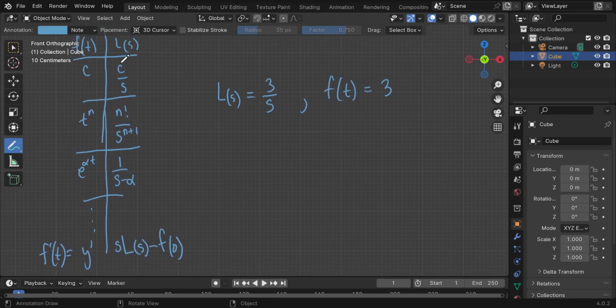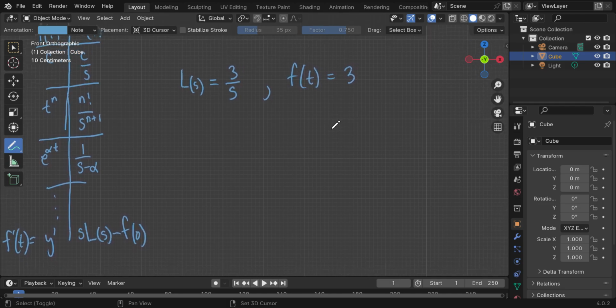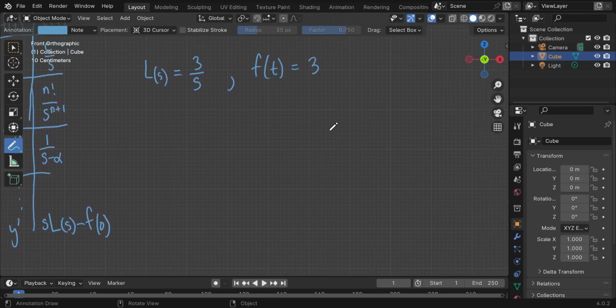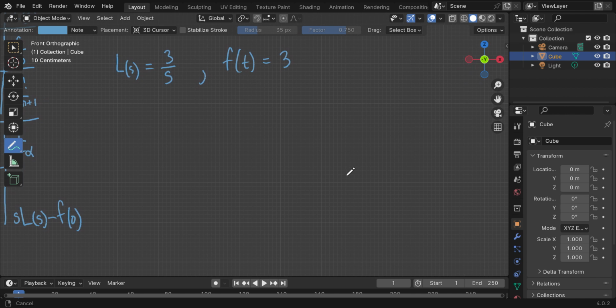So you can work it out one way or you can work it out the other way. This is useful because you can use Laplace transform to solve differential equations.